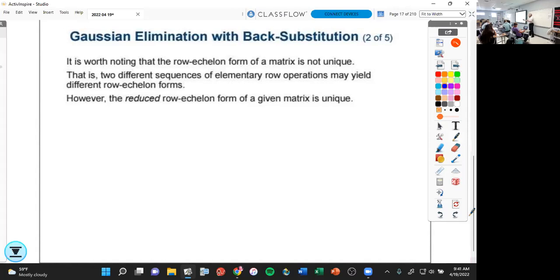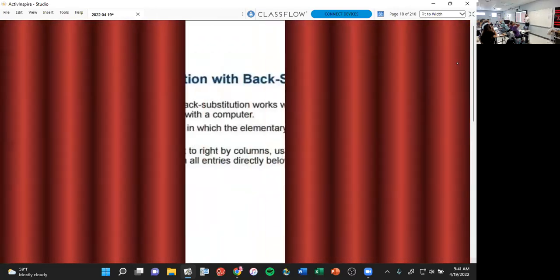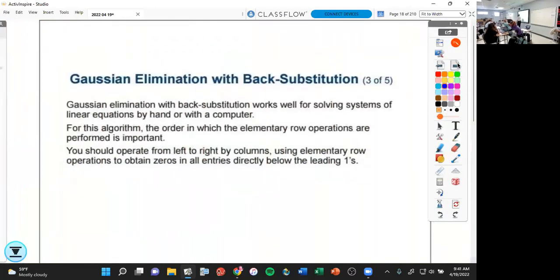Two different sequences of elementary row operations may yield different row echelon forms. However, the reduced row echelon form is unique. Unique means there's only one, right? You are unique, just like everybody else.